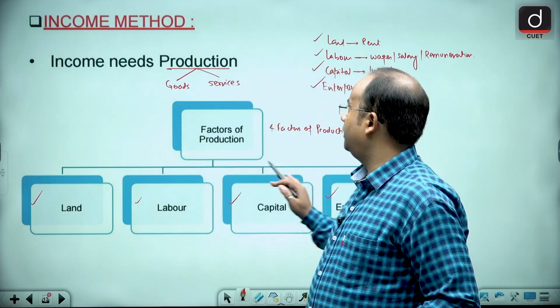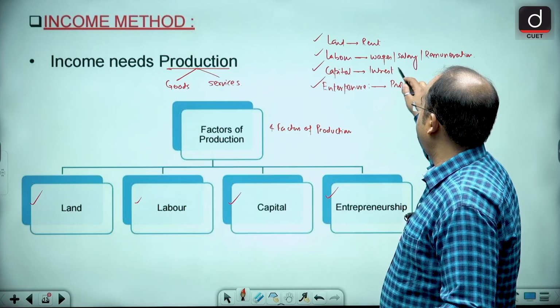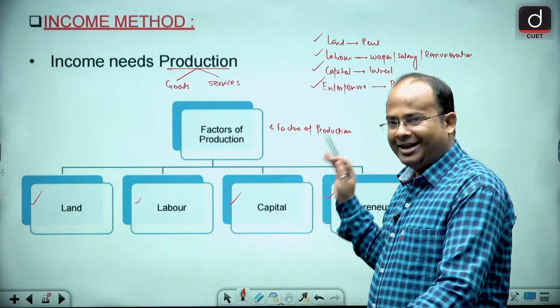Now guys, when you add rent, wages, salary, interest and profit, then you will get national income.